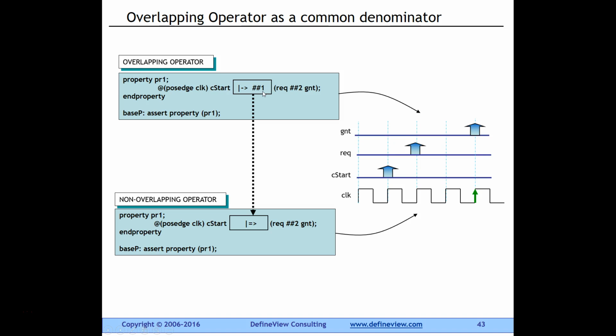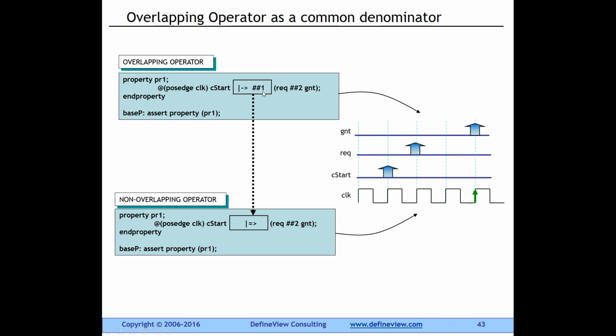When you are debugging, unless you have another screen with the exact assertion in front of you, if you are looking at the timing diagram, you do not know what is expected. Is it the overlapping that is expected or non-overlapping?